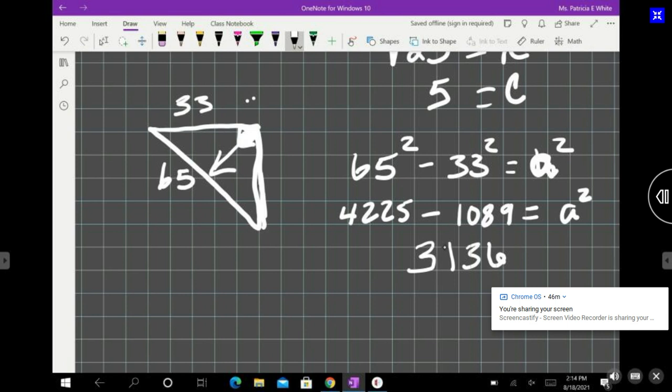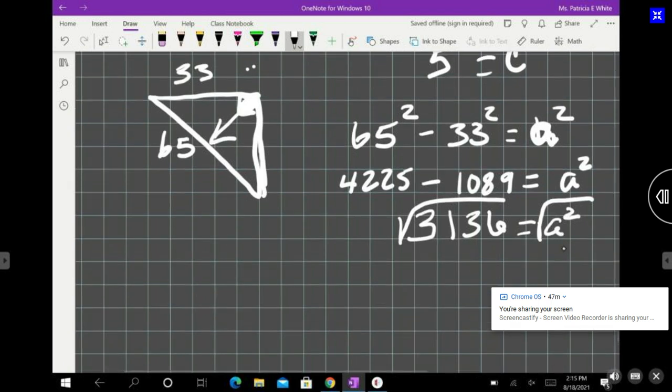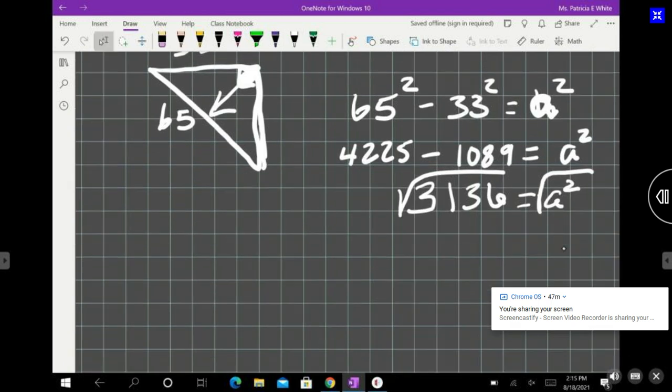Okay, now regardless of whether I added or subtracted, this is A squared. I don't want A squared, I want A. So square root of both sides, 56. 56.